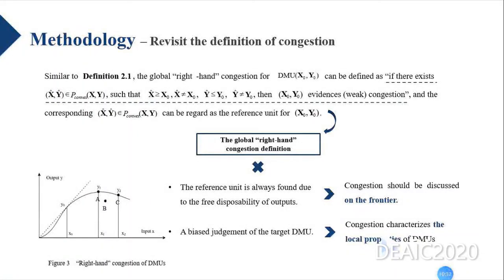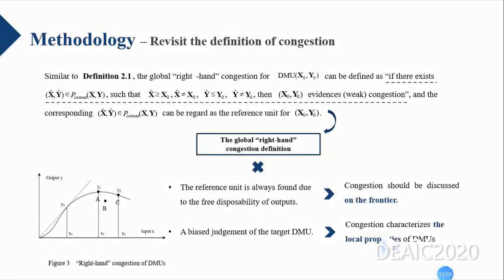It indicates that DMU-A is congested according to the above global congestions. However, DMU-B is formed resulting from the free disposability assumption on outputs, which cannot imply that an increase in inputs of DMU-A will cause a decrease in its optimal outputs.